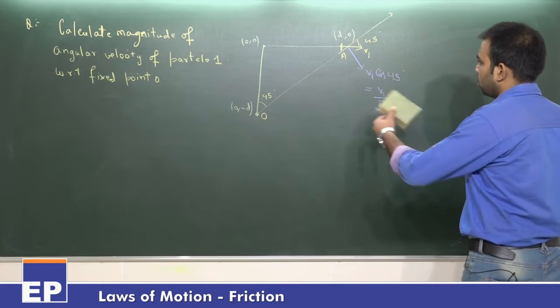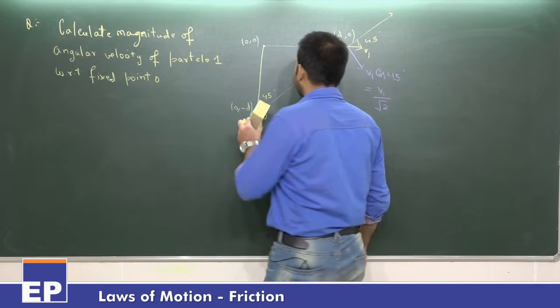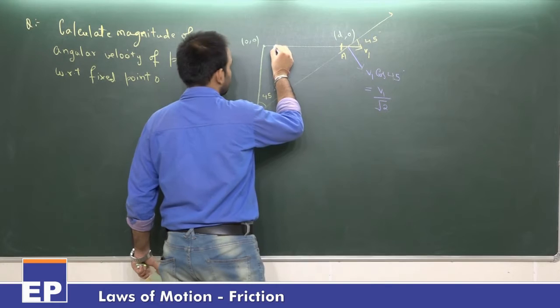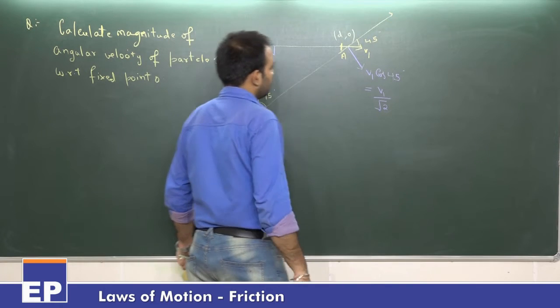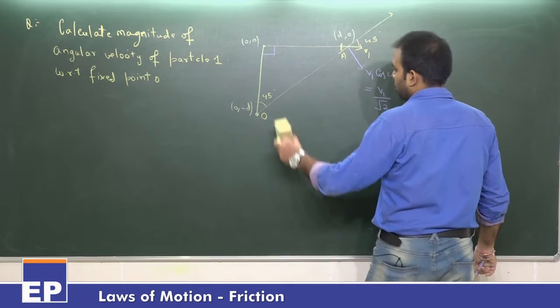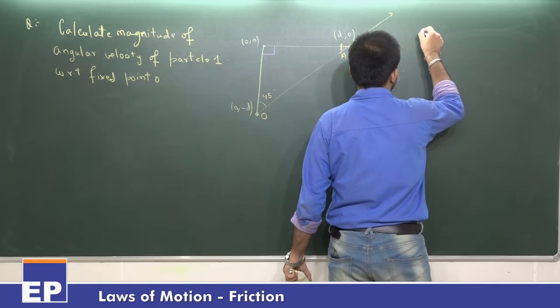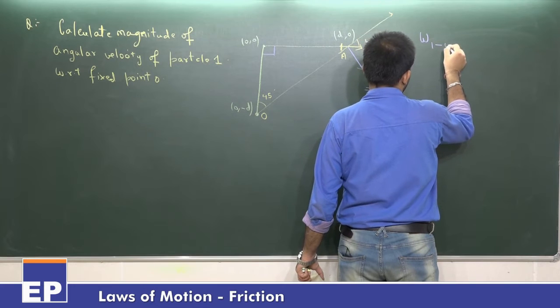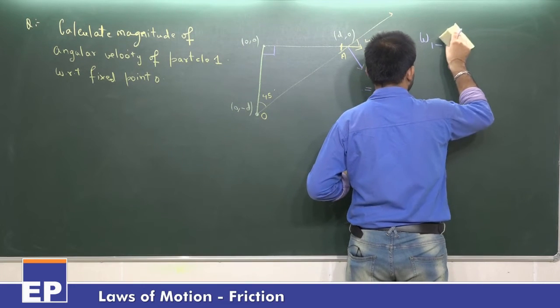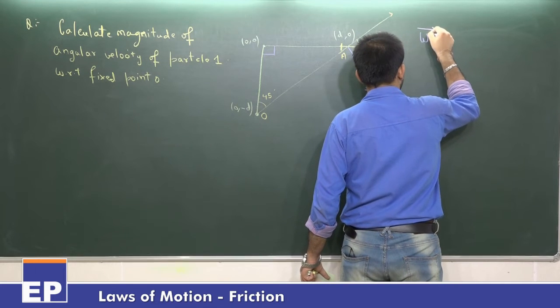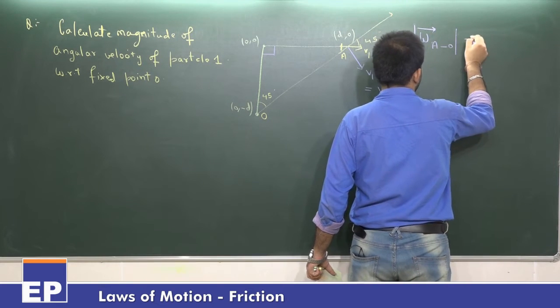Right? And this is the line here. If this angle is 45, this angle is also 45. So we can easily calculate the angular velocity of 1 with respect to fixed point O. How much will it be?